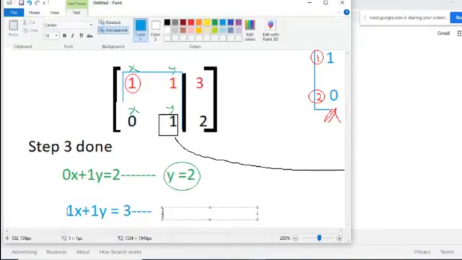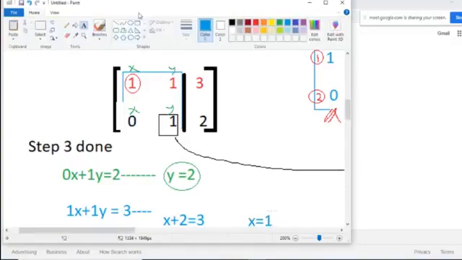I know y equals 2. Then 1 multiplied by 2 will become 2. Then equal to 3. From this equation, x equals what? 1. Yeah, 3 minus 2 will become only 1. Then here it is, this is the second solution, or this is the second variable equal to this.